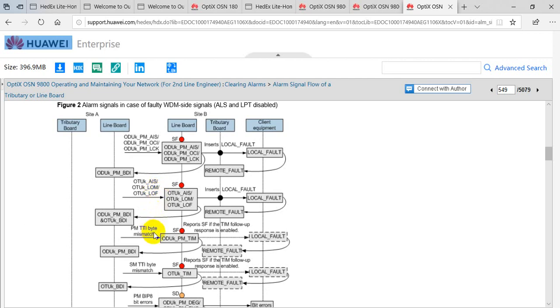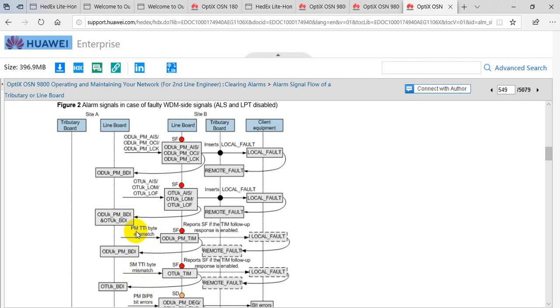And this is one more alarm scenario: trail trace identifier at PM. In fact, it is not shown here, but any trail trace identifier is shown down below. PM is nothing but the trail trace identifier at the ODU layer.